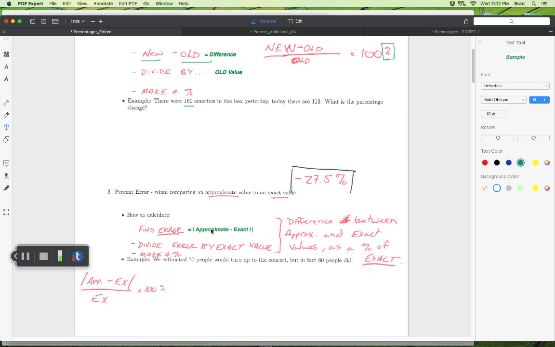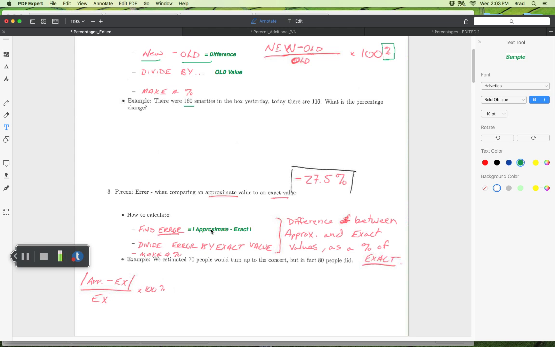So it's distance from zero, for example. The reason we do that is typically we care about percent error, and talking about either direction comes later. In other words, is your error above or below? But so we find our error, which is just the difference between our approximation and the exact value.